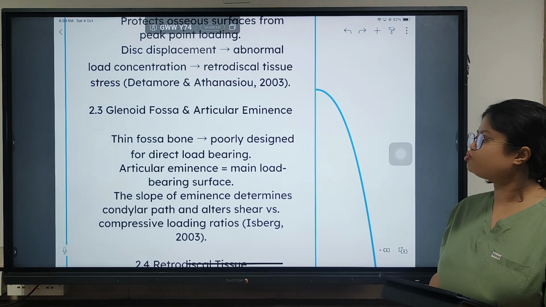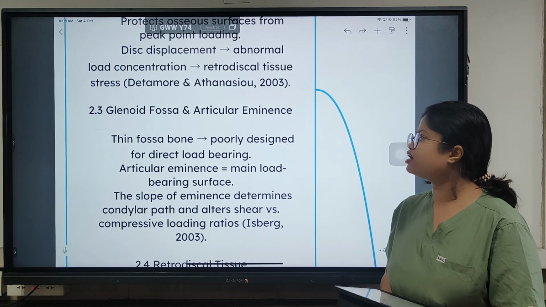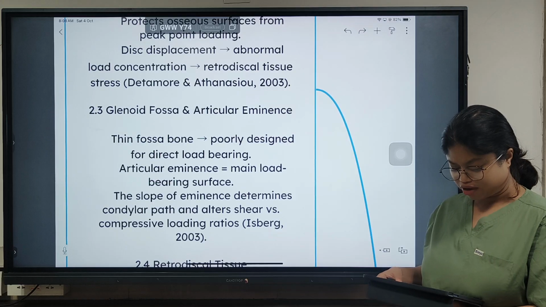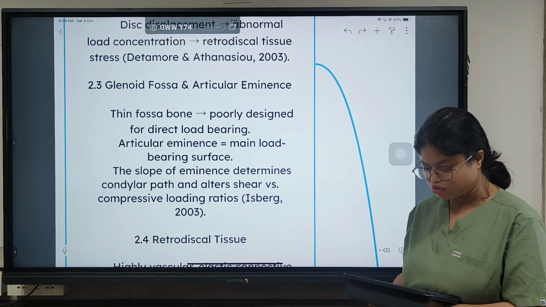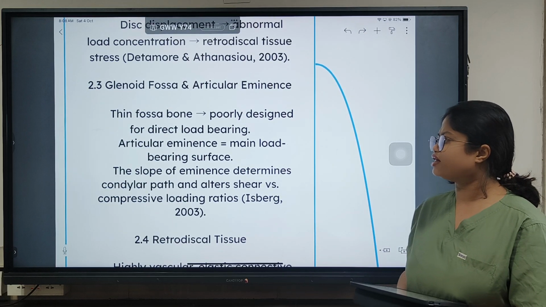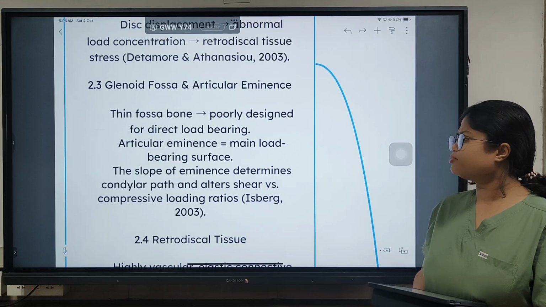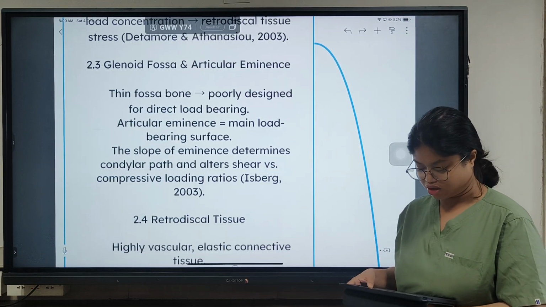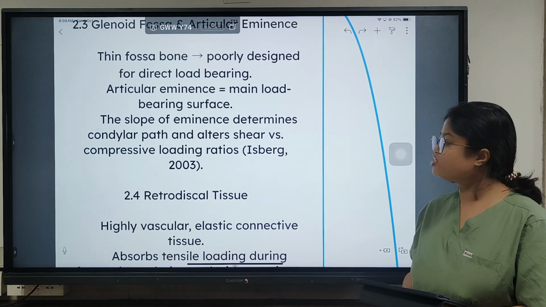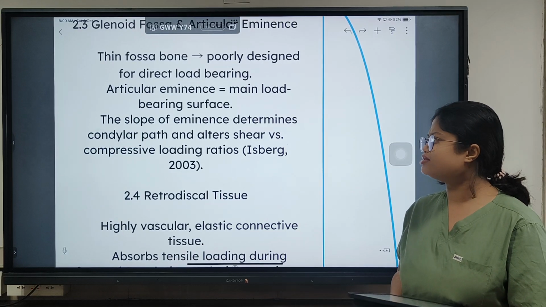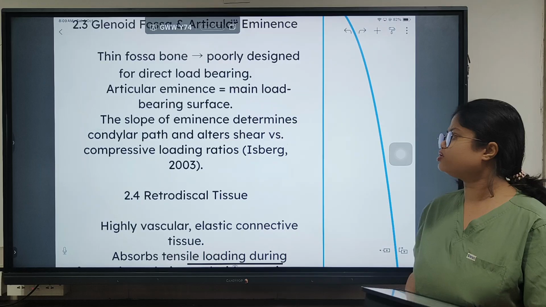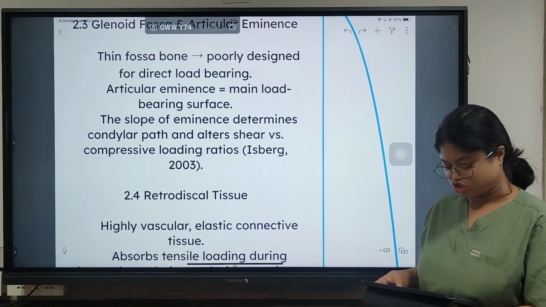When we come to the role of the glenoid fossa and articular eminence, the glenoid fossa is thin bone. It is poorly designed for direct load bearing. Articular eminence is the main load bearing area. The slope of the eminence determines condylar paths and alters the shear to compressive loading ratios.